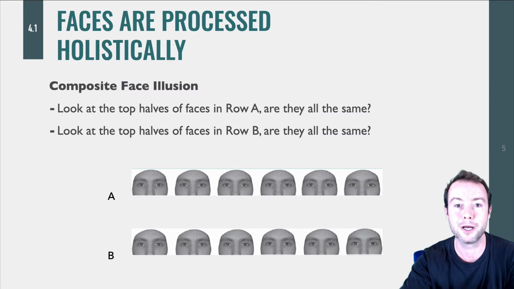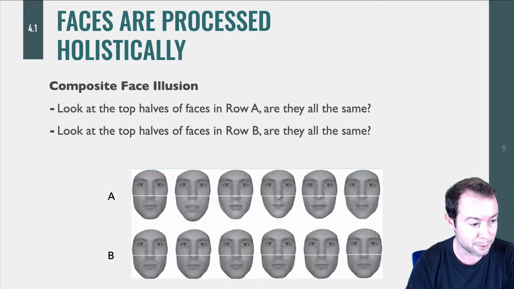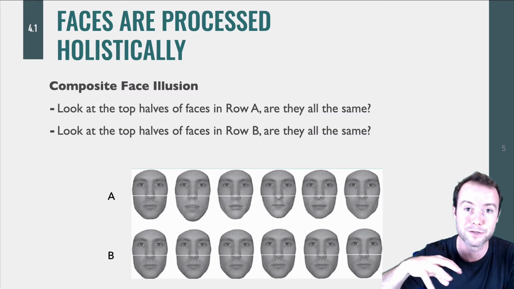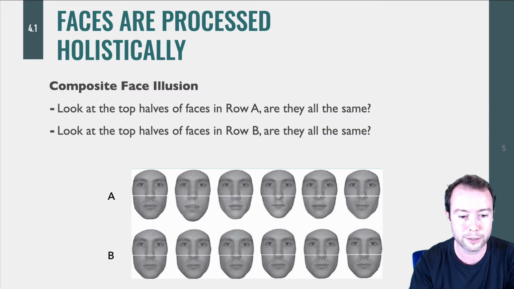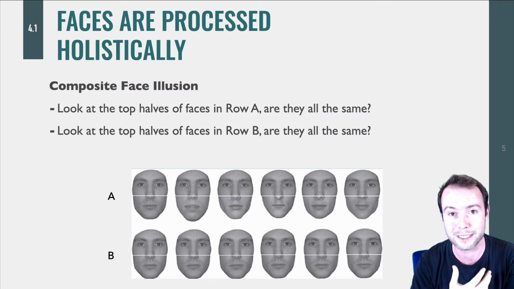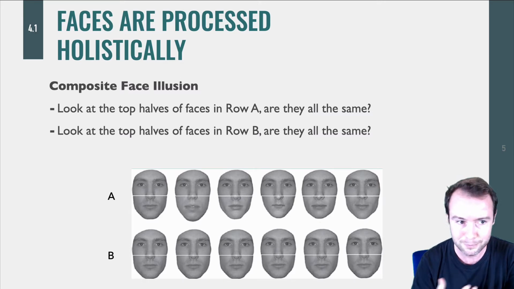However, when we end up aligning them with distinct bottom halves, so in that top row that I showed you, they ended up being paired with bottom halves of the faces that differed. Whereas in the bottom row, all of the faces on the bottom section were identical.